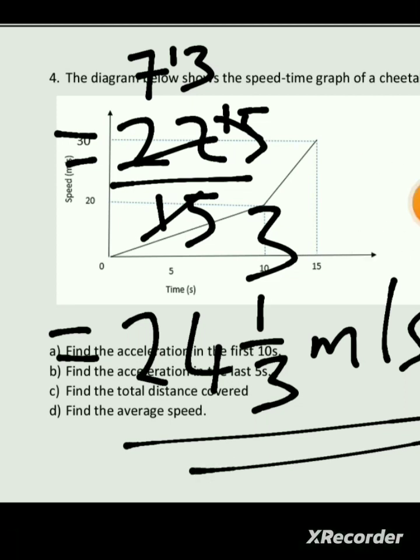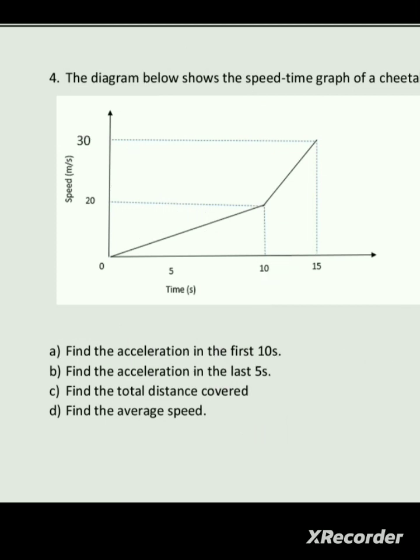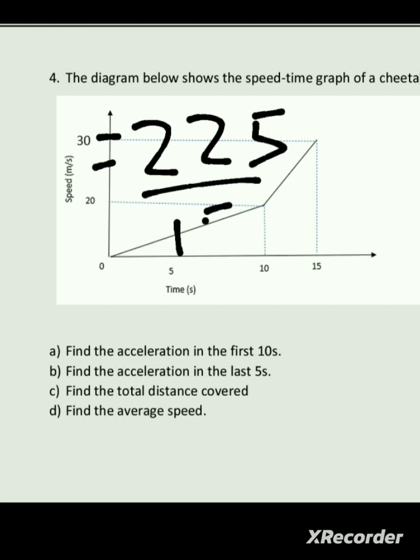I think I'm tired, so I keep on making mistakes. Let's redo the calculations here. I think there is a mistake. It's 225 divided by 15. It's going to be direct, but I just wanted to show if you're not sure.